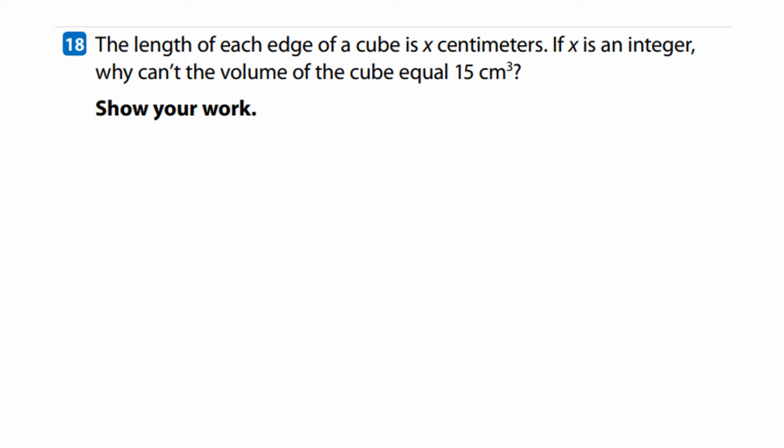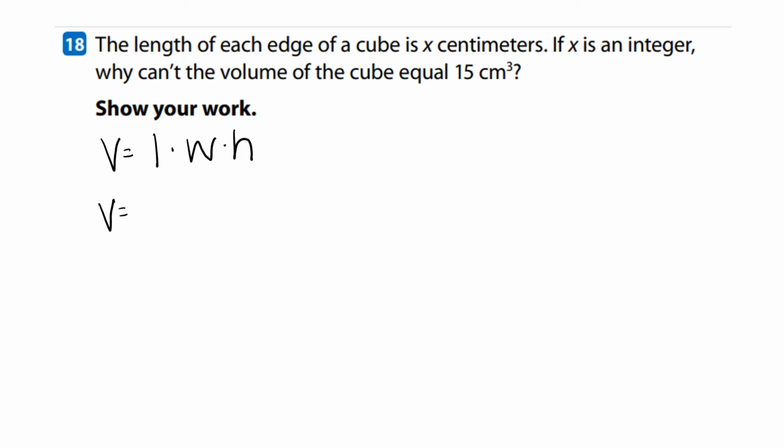For number 18, it says the length of each edge of a cube is x centimeters. If x is an integer, that means a positive or a negative number, no fractions, no decimals. Why can't the volume of the cube equal 15 centimeters cubed? So again, for the cube, volume is represented by length times width times height.